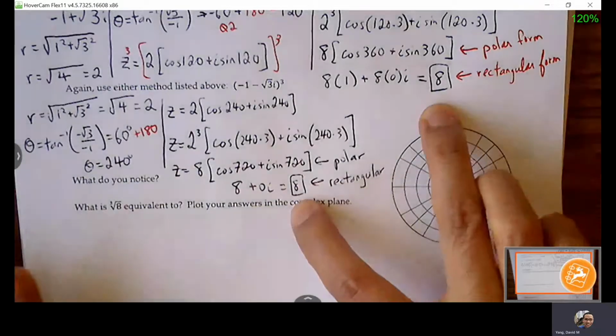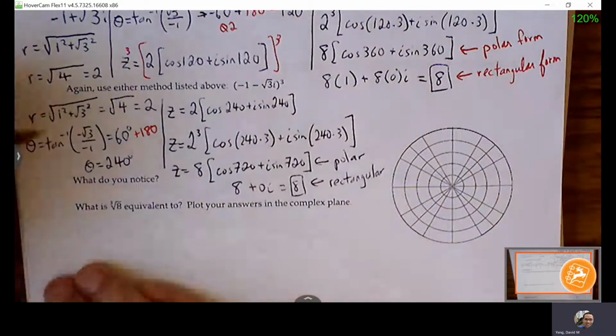So look at these similarities here, right? So let's make some conclusions here.